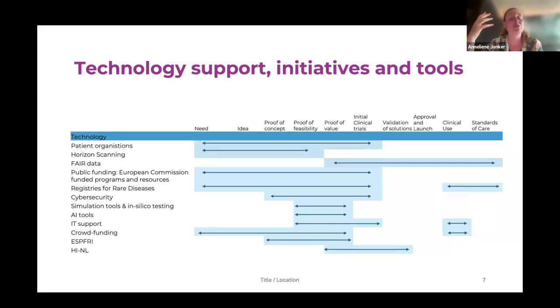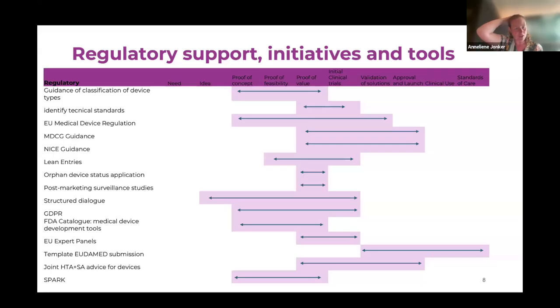We see the importance of the role of registries in early development, but also in the later phases of development to implement new devices. And we see the different infrastructures that are out there, whether it comes to digital, physical, or AI infrastructures that can be used throughout the development, and the information that is out there.